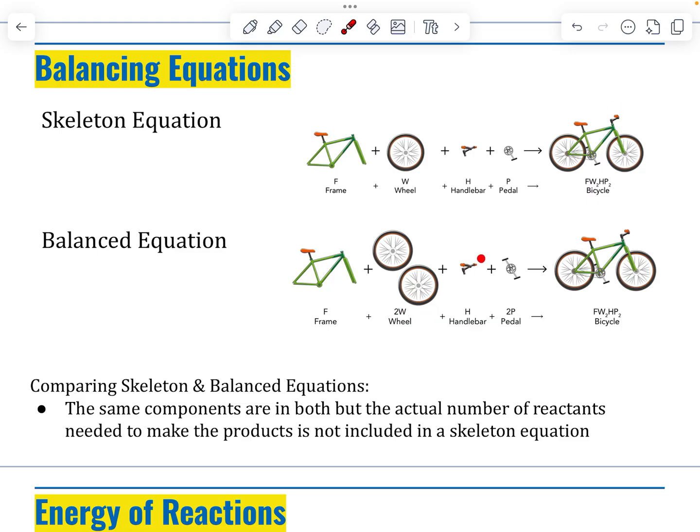We have 1 handlebar, and for our pedal, we need 2 pedals, 1 on each side. And so that makes that bike compound FW2HP2. And so by putting in those coefficients of I need 2 wheels, I need 2 pedals, that's what gives us the balanced equation from our skeleton equation. So comparing these, the same components are in both, but the actual number of reactants needed to make those products is not included in a skeleton equation.